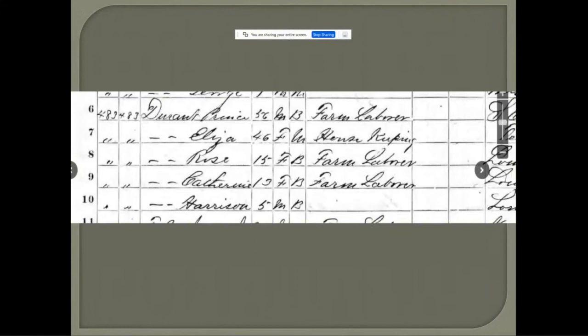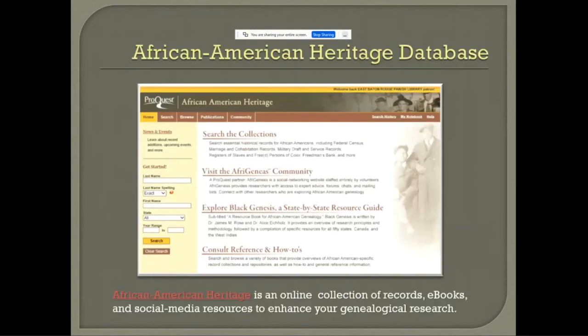But there is a happy ending. Here's the 1870 census. There's Prince Durant and his wife Eliza, and their 2 daughters, Rose and Catherine. So he ultimately got them back. But he appears for the first time in the record in that 1867 story, filing a suit against his former owner. And they also have a son since the war. So there's all sorts of streams.